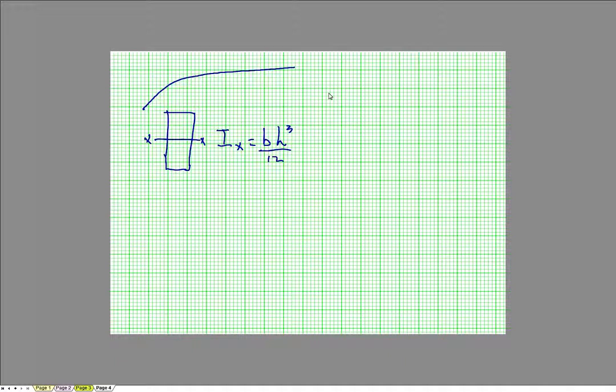Now, if we apply that to the last thing we did, the base equals 2 and the height equals 8. So we could say 2 times 8 cubed divided by 12. The actual moment of inertia would be 85.33 inches to the fourth.